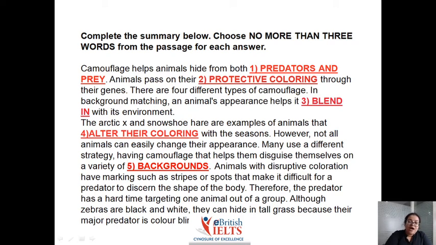Now if you understand what this is about technically, you will see that choosing words from the passage is not difficult as long as you have decent vocabulary. Now if your vocabulary game is a little weak, obviously it will become a little difficult for you to understand synonyms, match the word, pick the correct word. But if your synonym power is strong, if your vocabulary is strong enough, it will be very easy for you to do so.